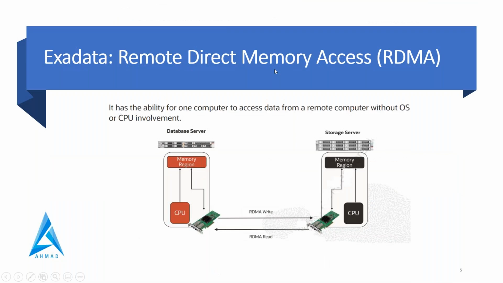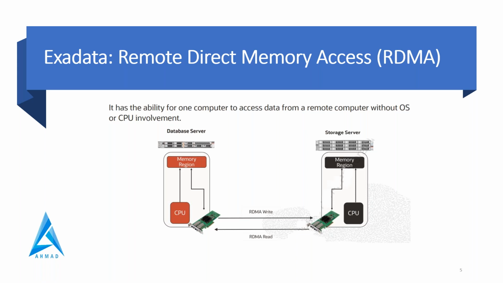Now come to remote direct memory access. So this is RDMA. As you can see in the figure, we have storage server and database server. In the database server, we have memory region and CPU. In the storage server, we also have memory region and CPU. And we have RDMA write and RDMA read. So it has the capability for one computer to access data from a remote computer without OS or CPU involvement.